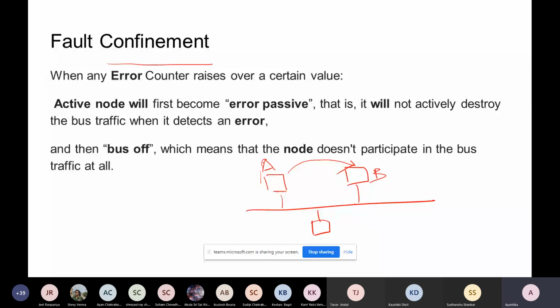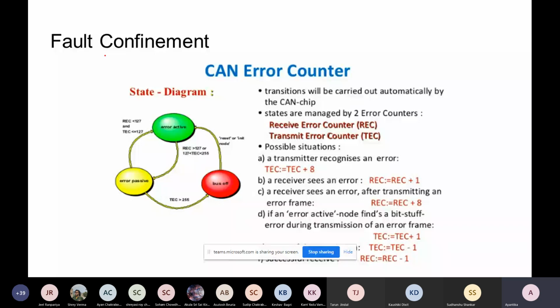So in that case, there is a typical technique present in the CAN network, called fault confinement, so that if some major fault occurs, there is a way to resolve it. We can model that fault confinement scenario with a state diagram.